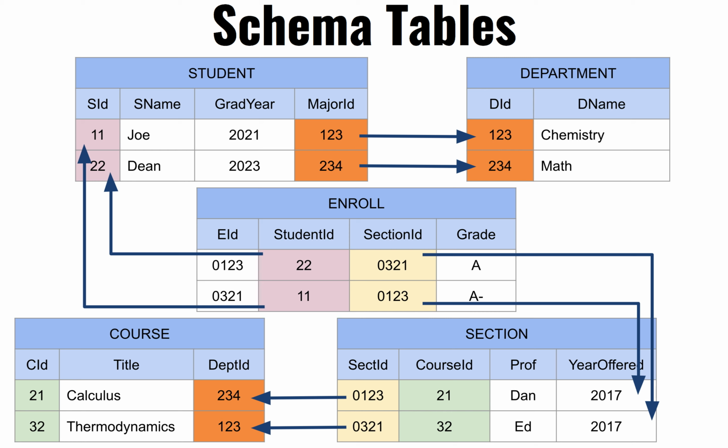It would make no sense, if I have only those two departments, chemistry and math, and only those two values, 1, 2, 3, and 2, 3, 4, to have a record in the student record where that major ID would be 3, 4, 5. If this were only by convention, nobody would stop me from doing that.